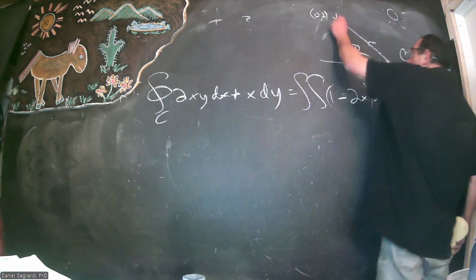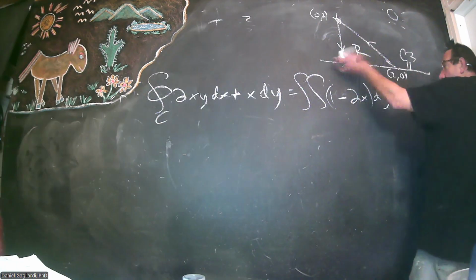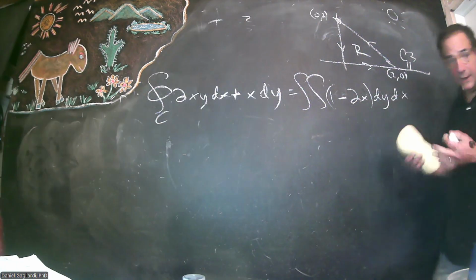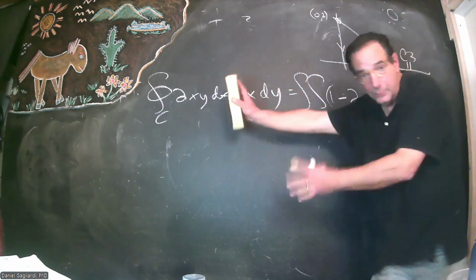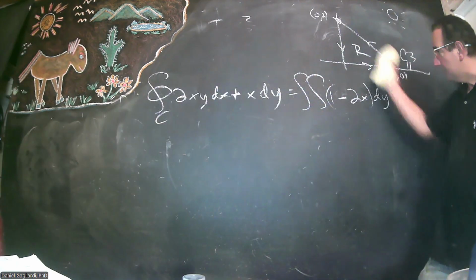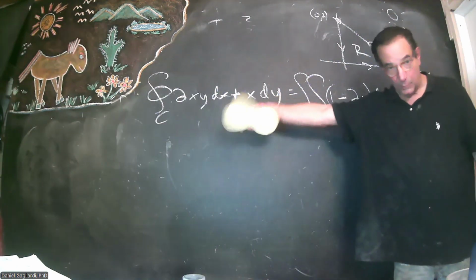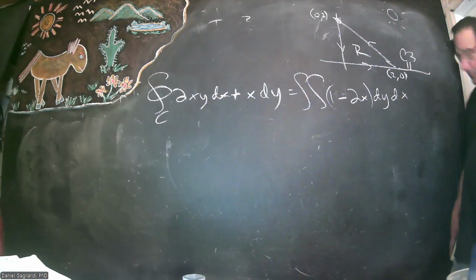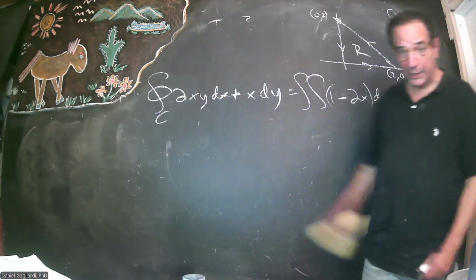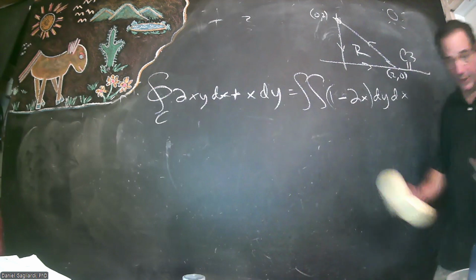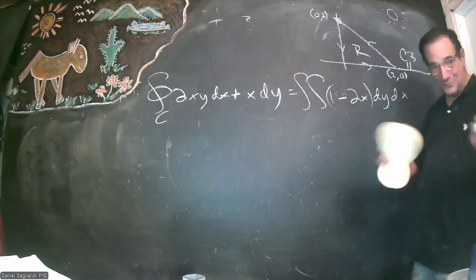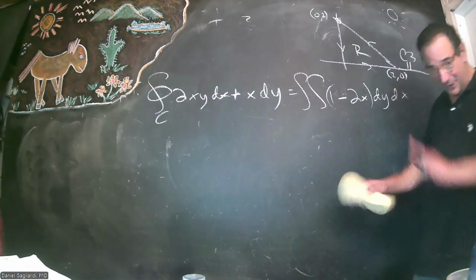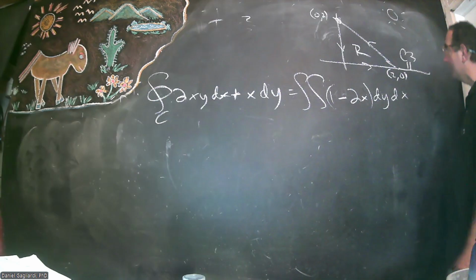So we no longer need to know about this orientation, because we're not going to compute the line integral by parametrizing it. We're just going to compute the line integral using Green's theorem. Now, I'm going to give you a little reason to believe it because we're going to hopefully get the same answer, but then I'll give you a little more reason to believe it.